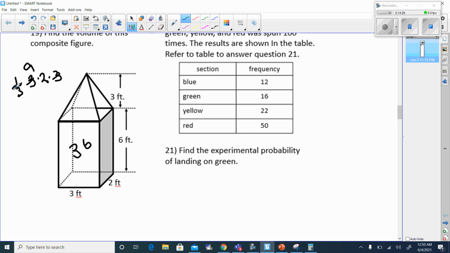And let's see, 1/3 of 9 is 3, and 3 times 2 is 6. So this would be 6. We add these two together, 36 and 6, and that makes 42. So this is 42 feet, and since we're talking volume, it'd be cubed. 42 feet cubed.